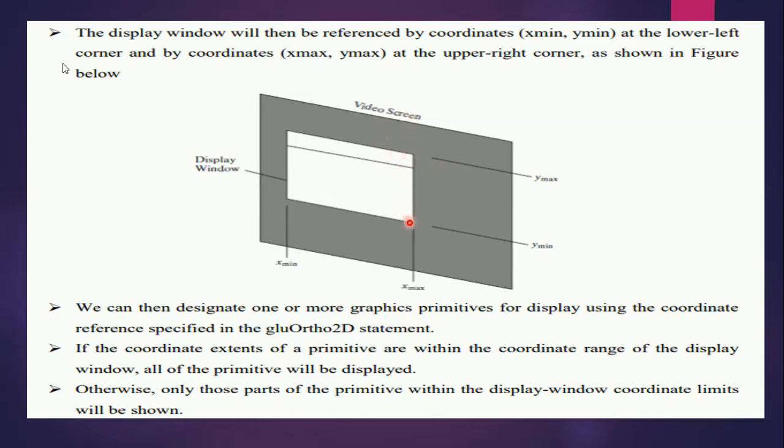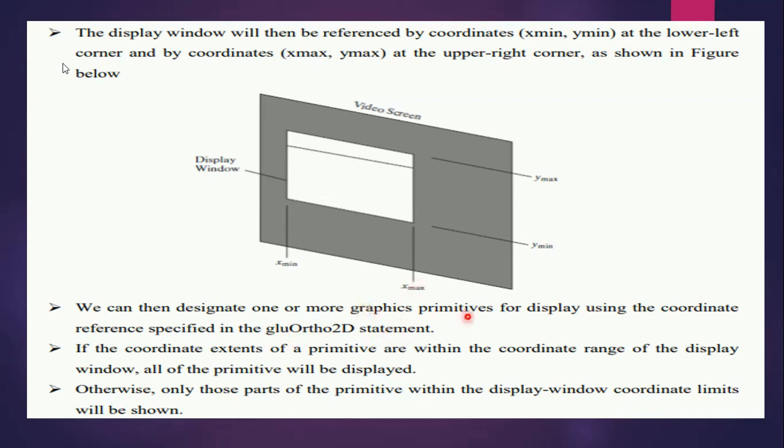So when you give these four different values, you are going to set the orthogonal 2D in the video screen. Then we designate one or more graphics primitives for display using the coordinate reference specified in the gluOrtho2D statement.